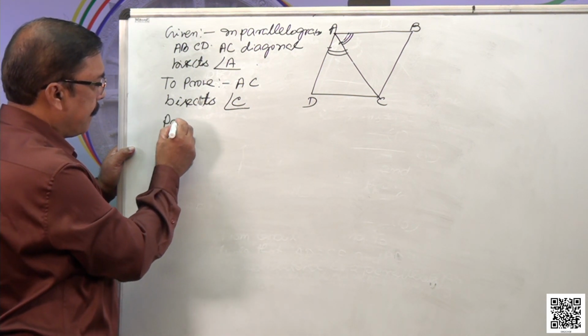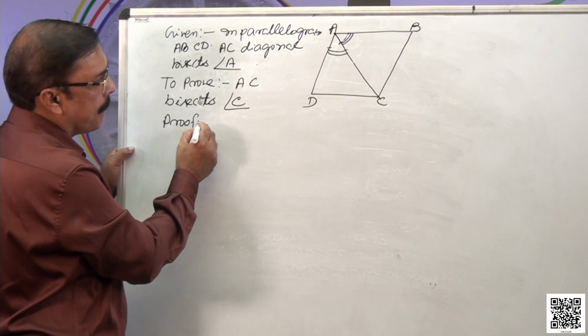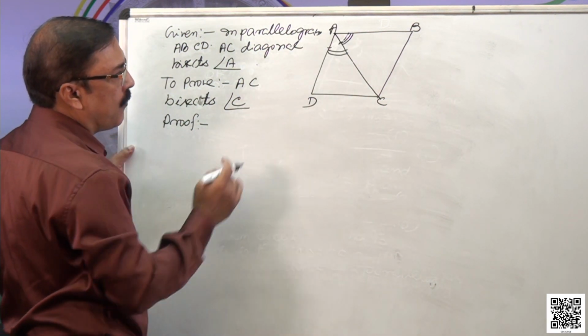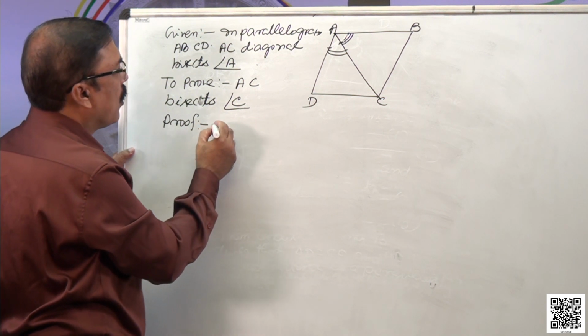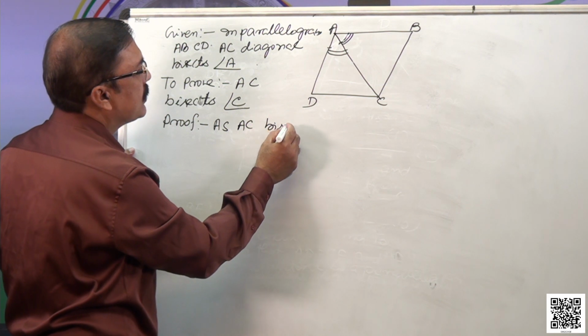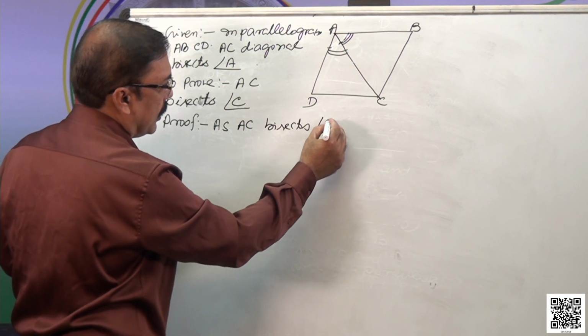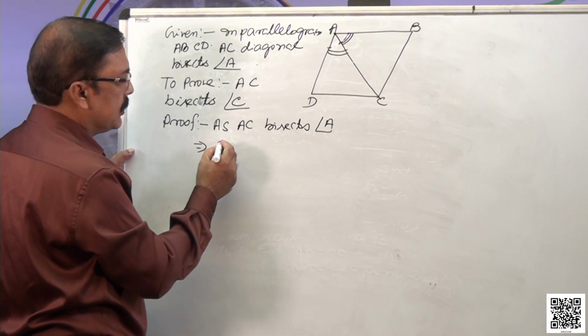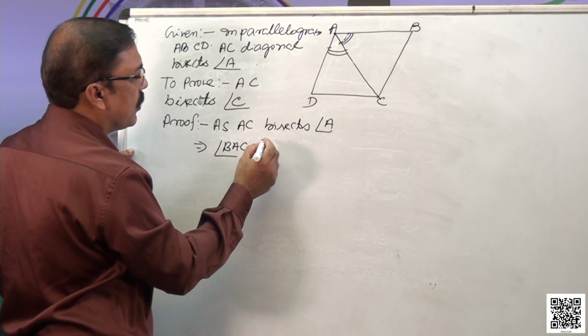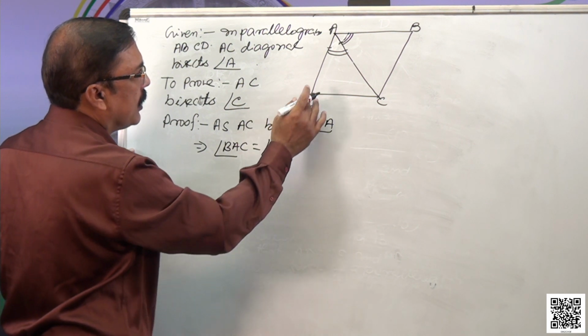See, it is given that AC is the bisector of angle BAD. So, we can write AC bisects angle A. This implies angle BAC is equal to angle DAC.